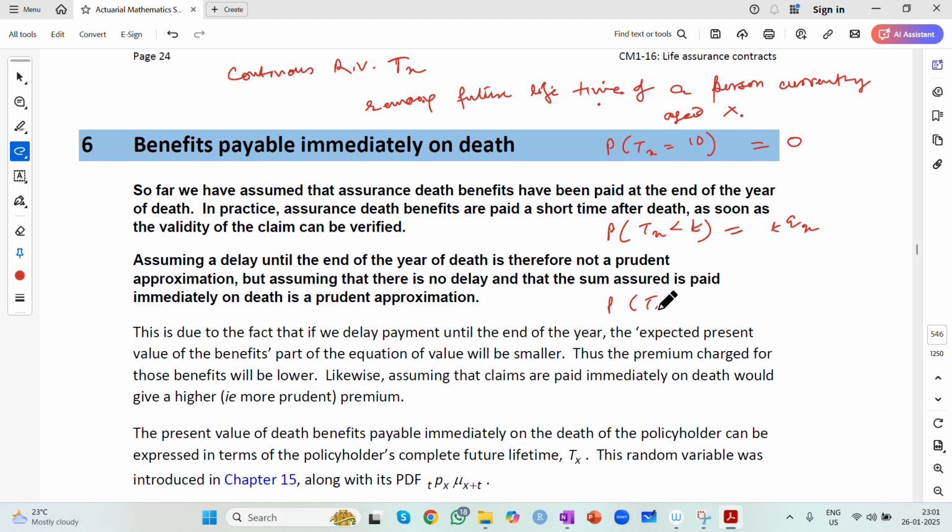Similarly, if T_x is more than t, that means the person currently aged x dies after t years, or he survives the next t years after the current age x. All this happens because T_x is a continuous random variable, for which the probability that T_x takes a specific value is 0.